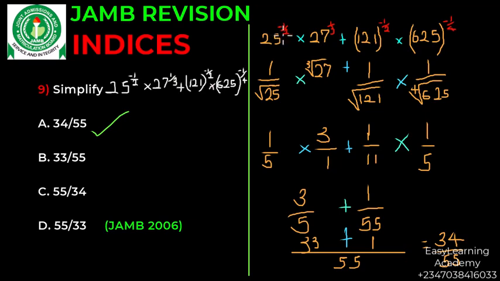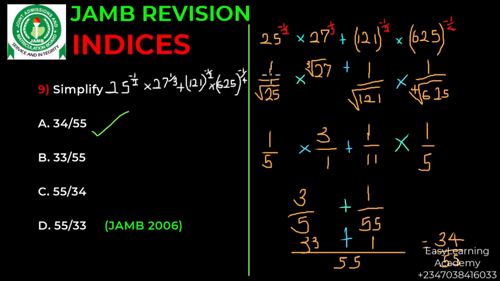What we just did was to write this out again. We take away the minus sign by introducing 1 over, and 1 over 2 is the same thing as saying the square root of 25. Same thing with this: 1 over 3 is the same thing as saying the cube root of 27. And then minus 1 over 2, take away the minus by saying 1 over the square root of 121, times 1 over the fourth root of 625.